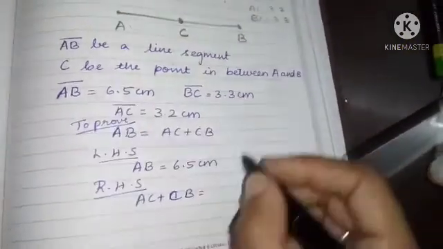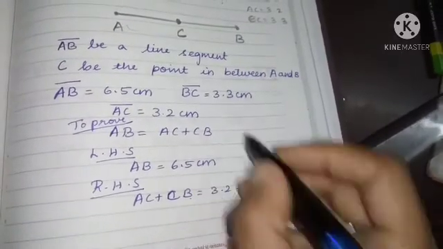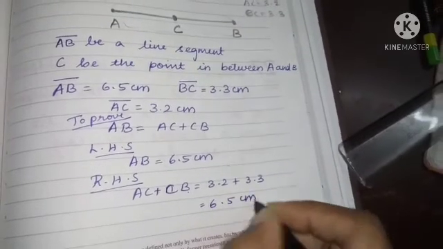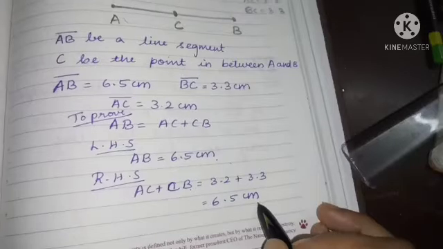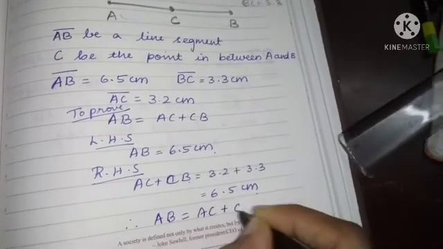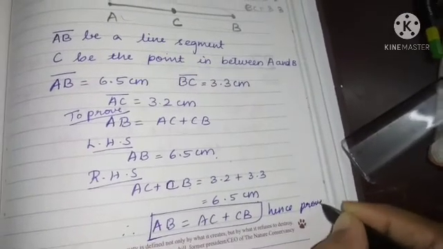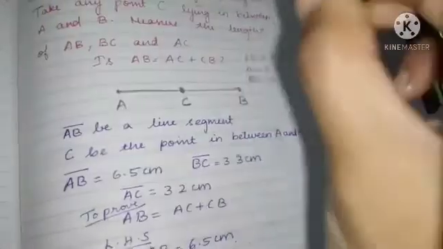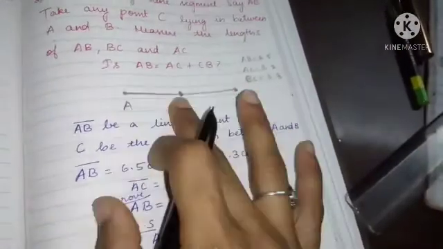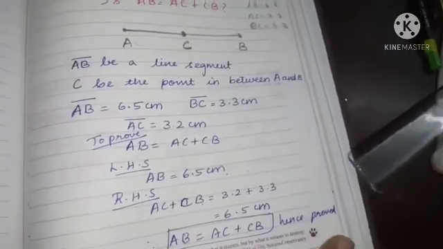AC is 3.2 plus CB, which is the same as BC, 3.3. 3.2 plus 3.3 is 6.5 centimeter. So LHS is 6.5, RHS is also 6.5. Therefore, AB is equal to AC plus CB. Hence, proved. They ask us to take one line segment and keep a point in between. They are asking whether the total line segment is equal to the two parts added together. So we have proved that they are equal. Understood?